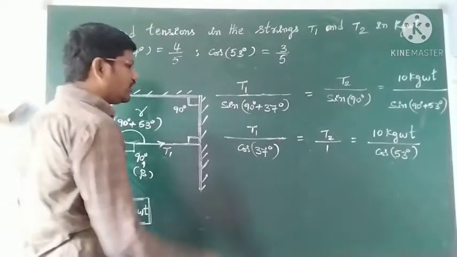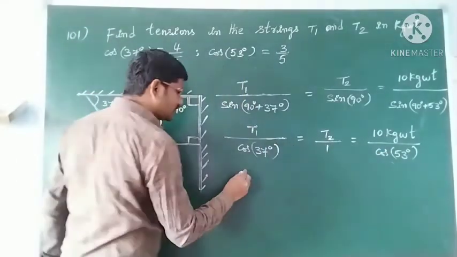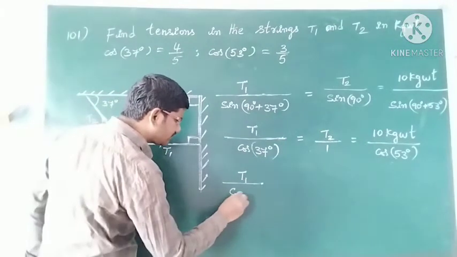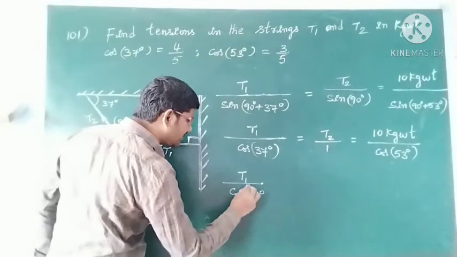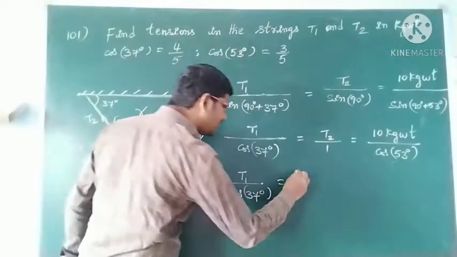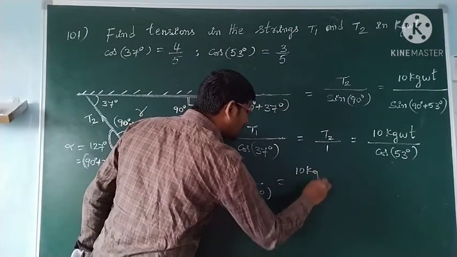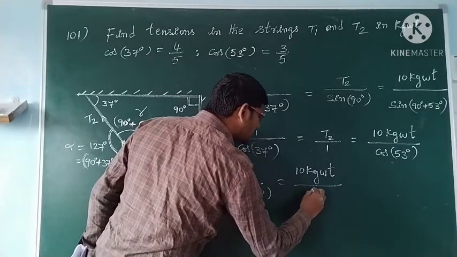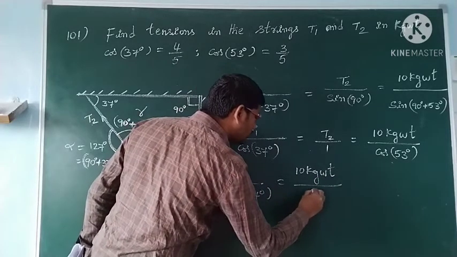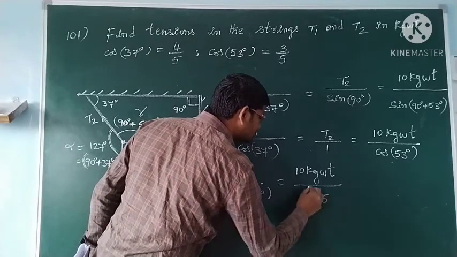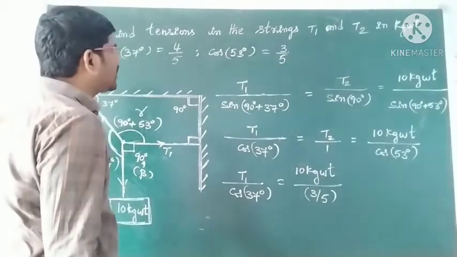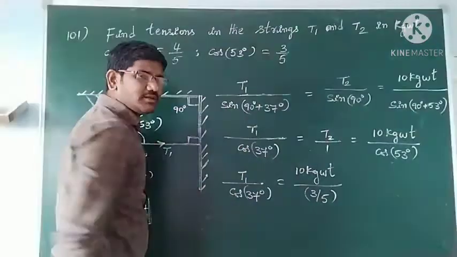Okay, so now I will equate these two. T1 by cos 37 degrees is equal to 10 kilogram weight by cos 53 degrees. Cos 53 degrees value is equal to 3 by 5.